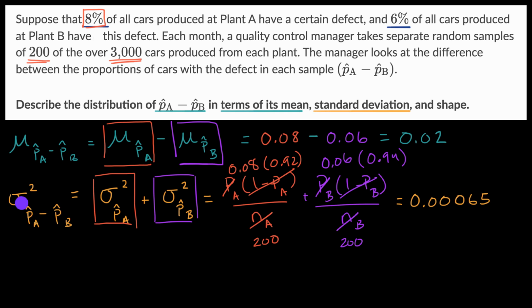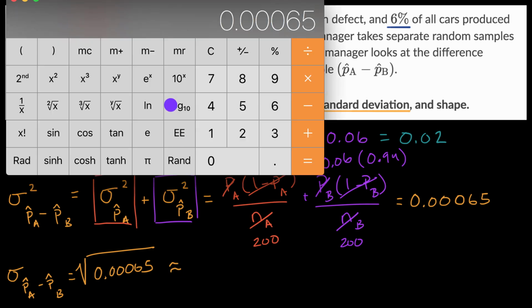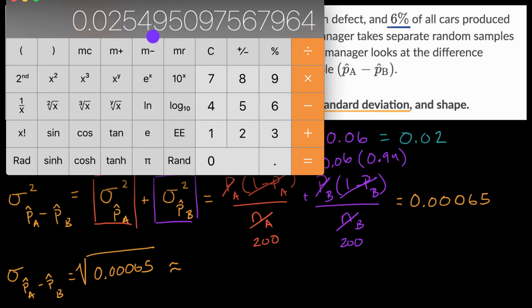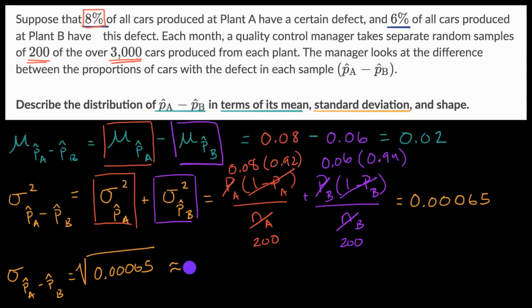And then from this, we can figure out what the standard deviation is going to be. The standard deviation of the difference between our sample proportions is going to be just the square root of this. It's going to be the square root of 0.00065. And that is approximately equal to, let's just take the square root, and we get this, 0.025. And there you have it. We have thought about the standard deviation.